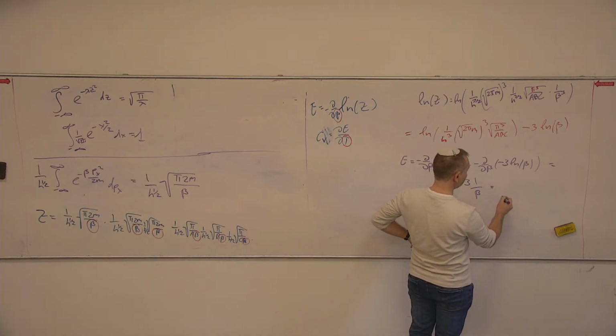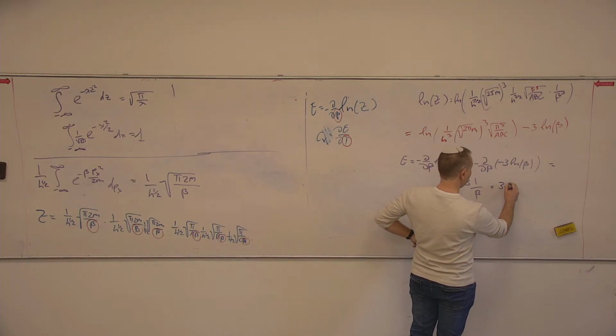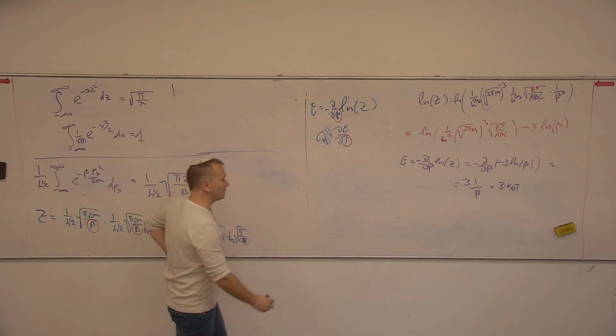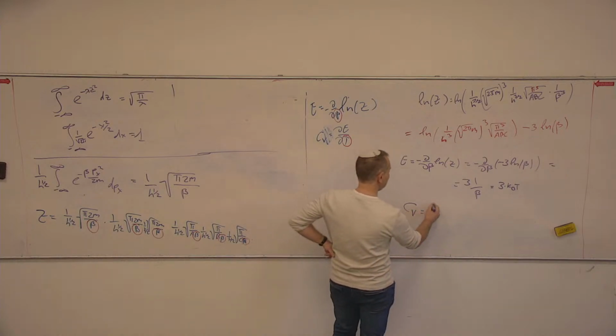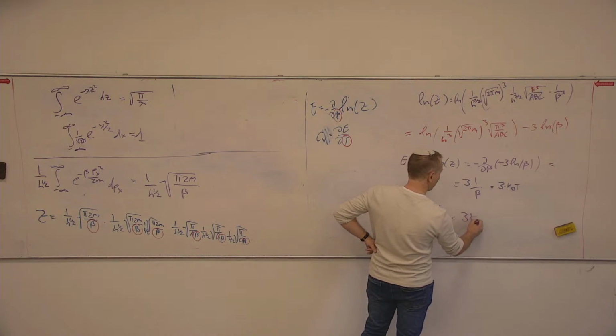Right? So it is what? 3 multiplied by k Boltzmann T. Okay, and now the last part. Cv equals dE over dT equals 3k Boltzmann.